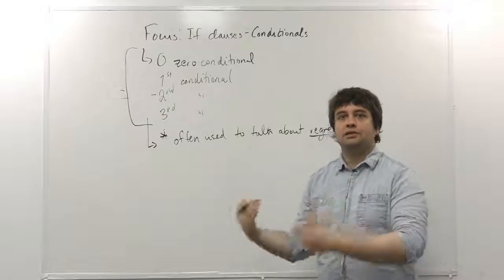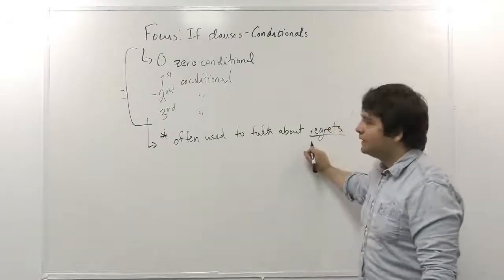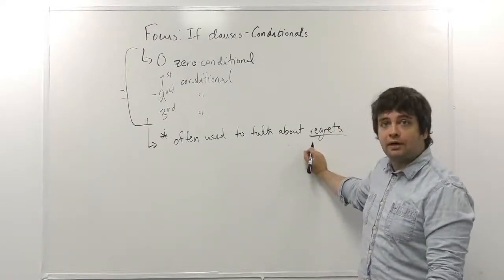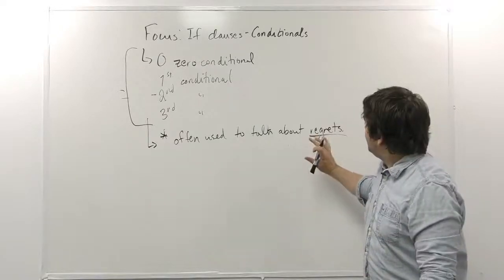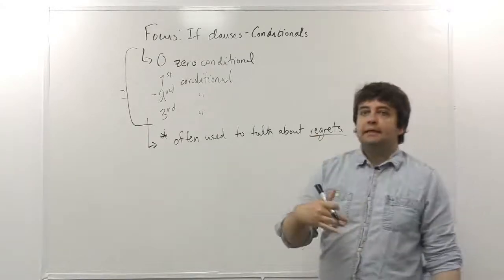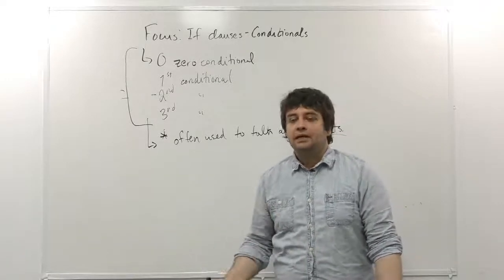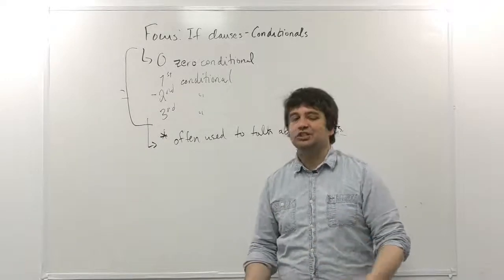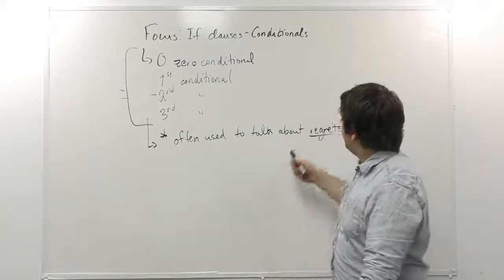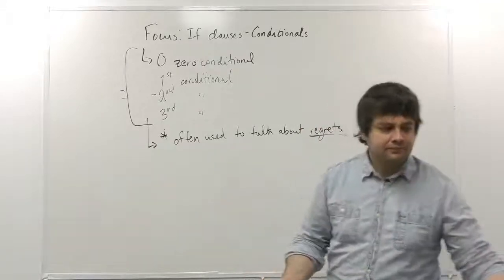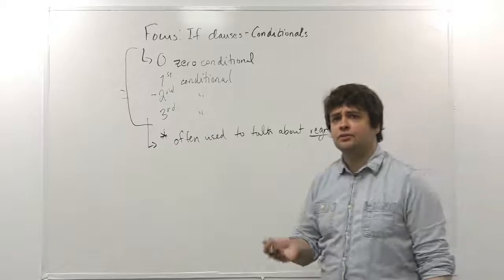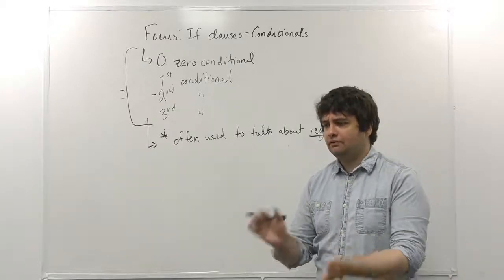We all regret something. Now, regret is a noun and also a verb, right? I regret doing something. A regret is something that we feel bad about, right? Maybe something we did in the past, it was a bad idea, then later we feel like, I shouldn't have done that or whatever. That is a regret. And the third conditional is often used to talk about regrets.